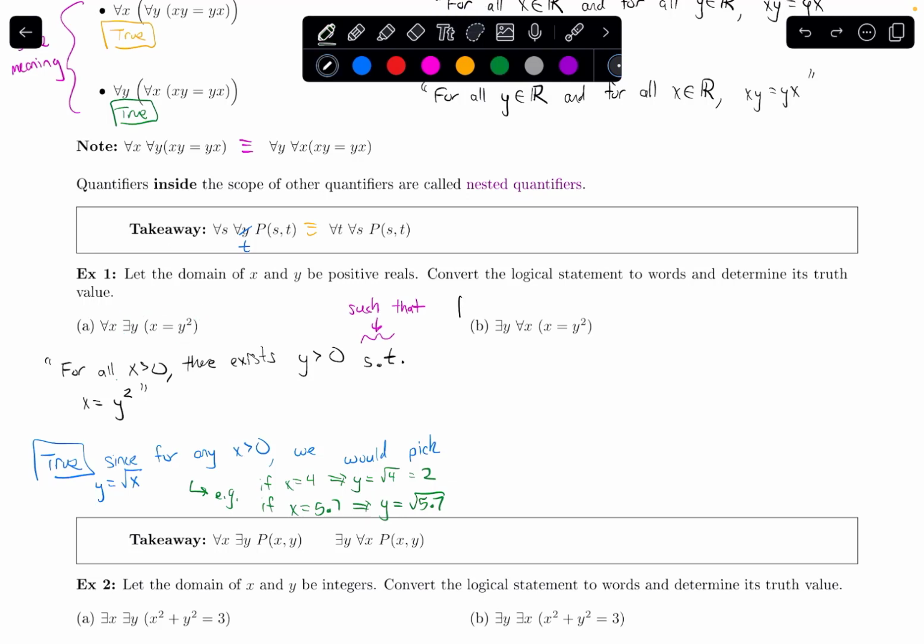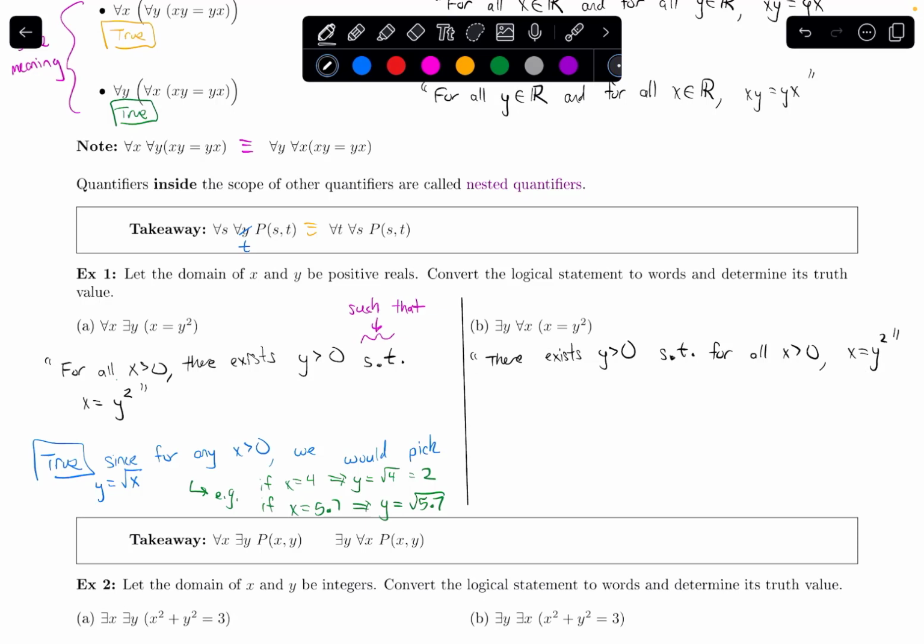What about in B? So in words, we have there exists first. So I would write there exists a y greater than 0, such that, s.t. to abbreviate, for all x greater than 0, x equals y squared.